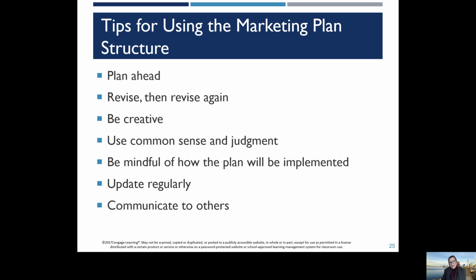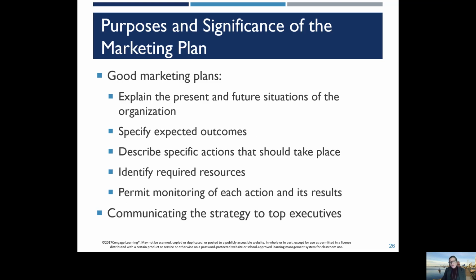The implementation plan at the back end of the marketing plan is going to need to be updated regularly, because as we said, we're monitoring to make sure we're on track or off track, and we're tweaking in between. And so that takes communication in and around to make those things happen. So good marketing plans not only depict what's going on presently, but what's going on down the track.